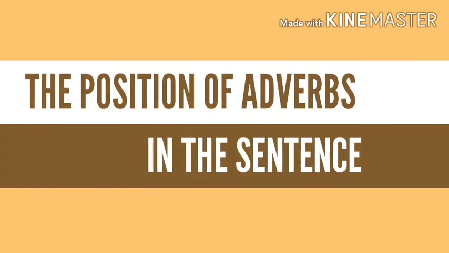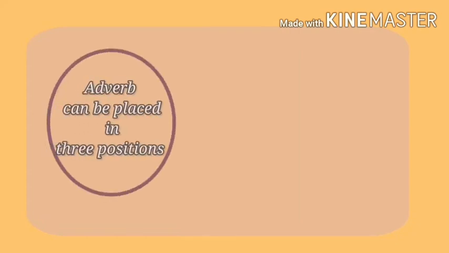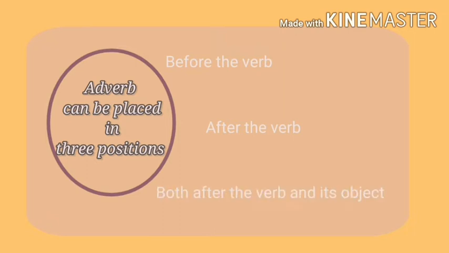Now we move to the placement of adverbs in the sentence. Okay, let me tell you that an adverb can be placed in three positions, either before the verb, or after the verb, or even both after the verb and its object.